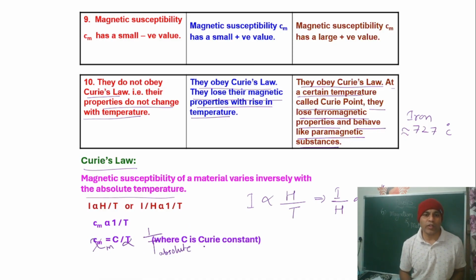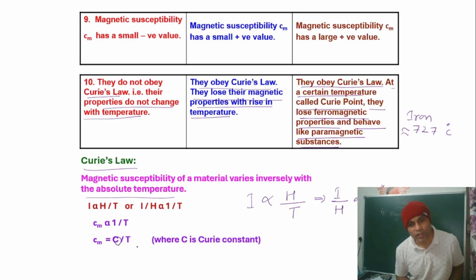Here C is the Curie constant, so Cm is equal to C by T. When the Curie temperature is equal to T, the susceptibility becomes 1.